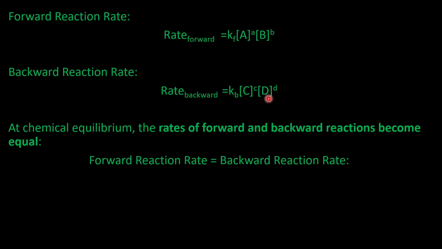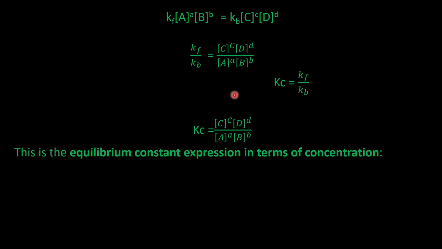At chemical equilibrium, as we defined, the rate of the forward reaction is equal to the rate of the backward reaction. So look over here, this is the rate of the forward reaction, which is equal to the rate of the backward reaction.